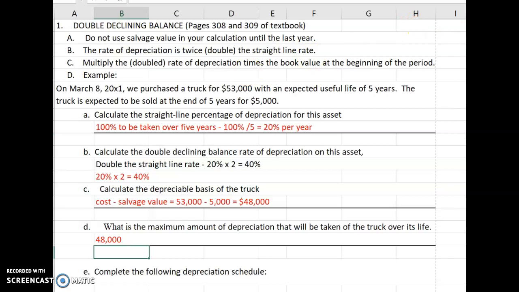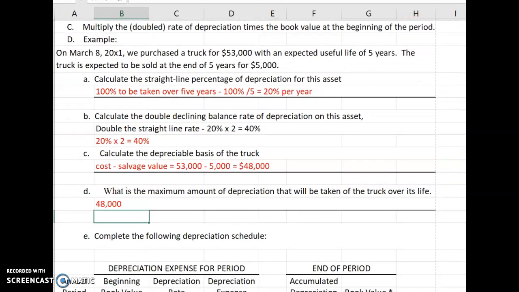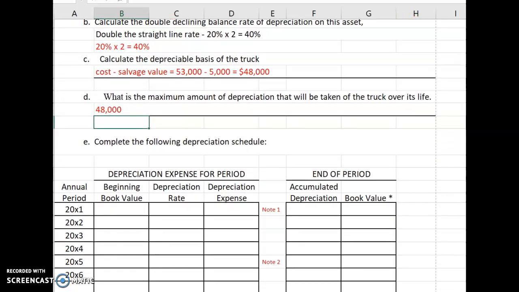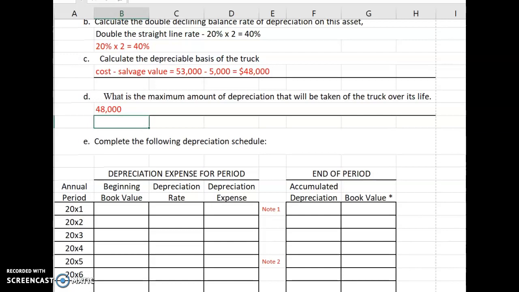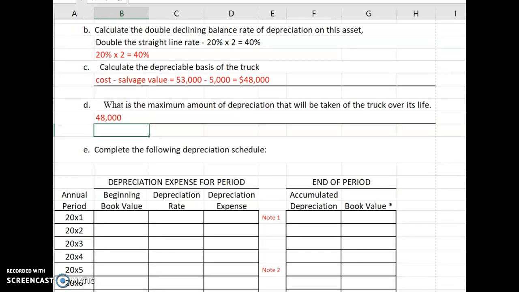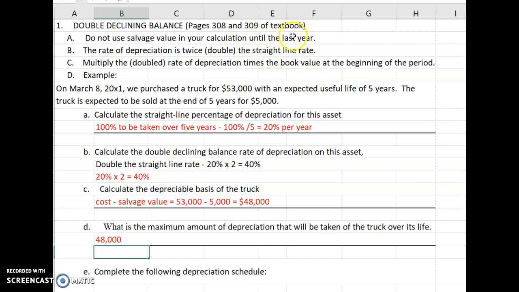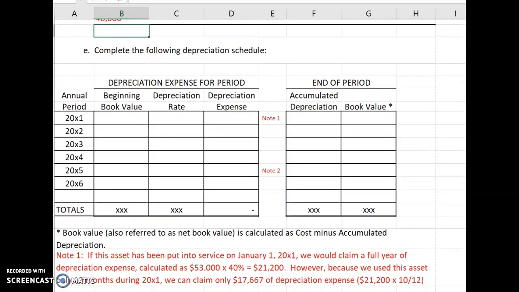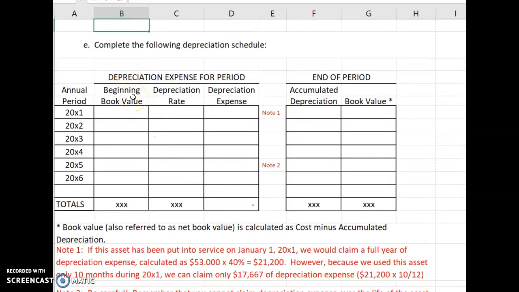So let's complete the depreciation schedule for this asset using double declining balance. Remember rule number 1, do not use salvage value in your calculation until the last year. So what was the book value of this asset at the beginning of X1? Well, remember that book value is defined as cost minus accumulated depreciation.